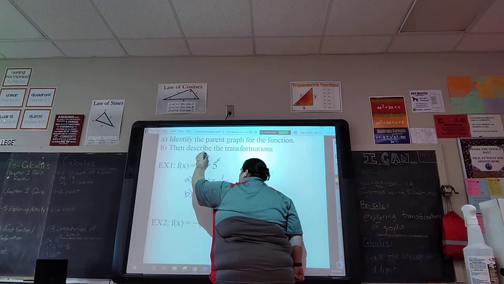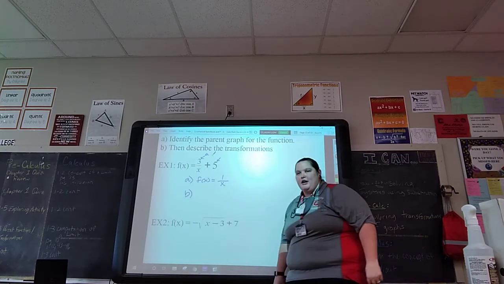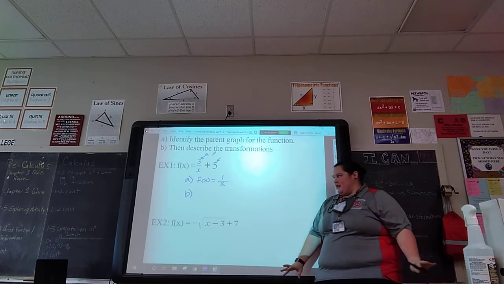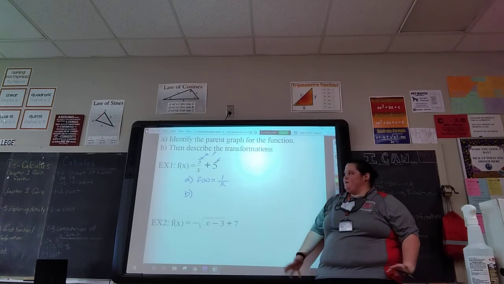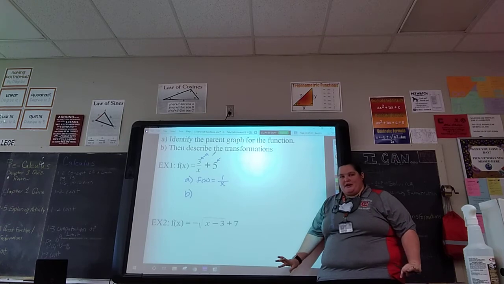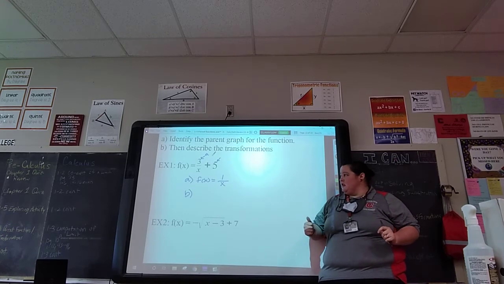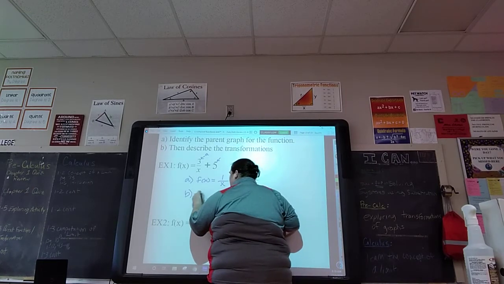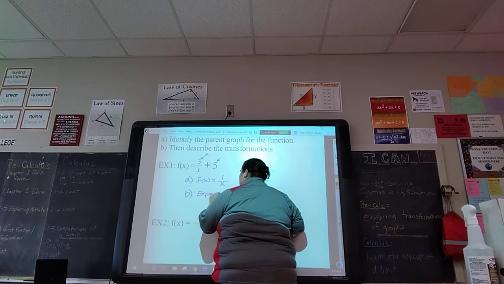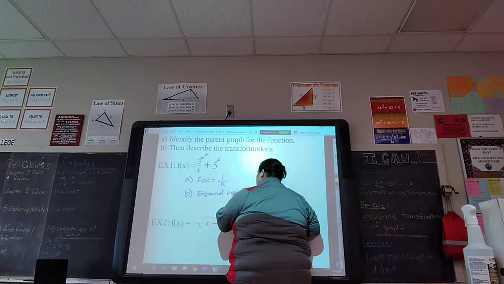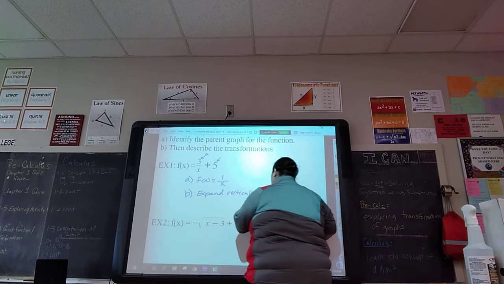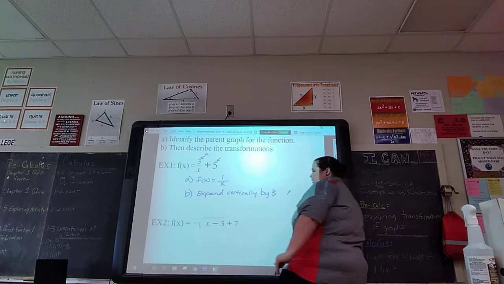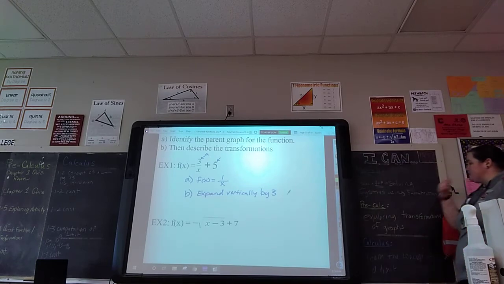So this number is the a value. That's going to tell me if it expands vertically or compresses vertically. So is that number bigger than 1 or in between 0 and 1? Bigger than 1. So that's going to be expand vertically by 3.